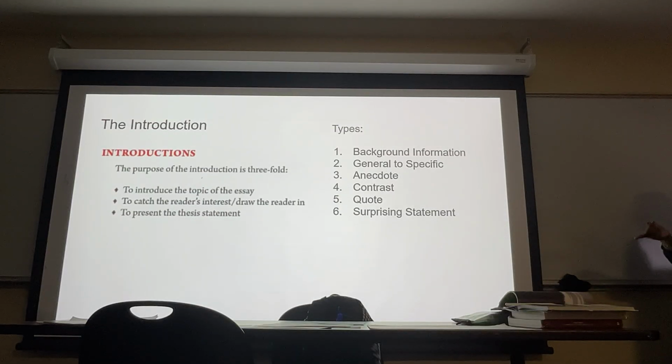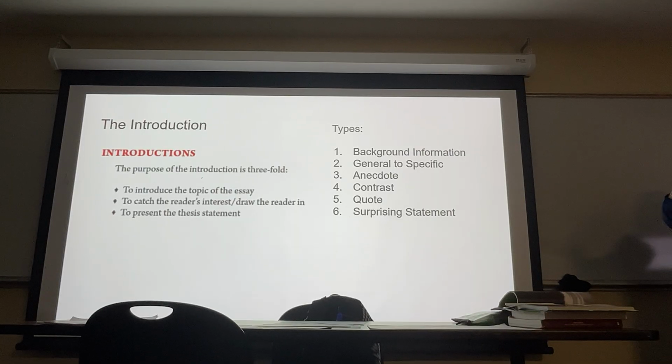There was background, general to specific, anecdote. So background gives that historical information, right? General to specific, you start out with some general thing, like lots of people watch television, but then you narrow it down into what it's going into, and then you hit that thesis statement. Anecdote, tell a story. It could be hilarious, it could be just a little background info, but it's a story.